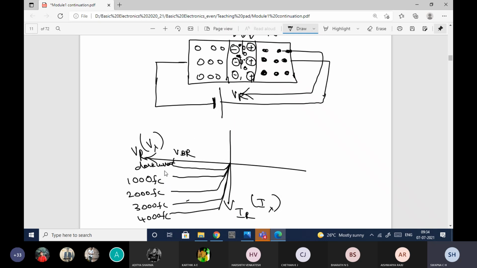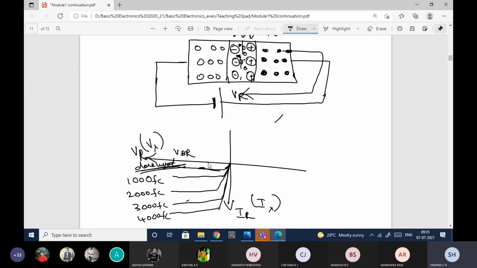Generally, whenever we are designing this photodiode, we should see that the dark current, in the sense when there is no light falling on the photodiode, there should not be any current flow. Ideally this dark current value should be equal to 0. If this dark current is there, then based on the incident light, as more electron hole pairs are generated and the current is increasing, this current will get added with the current that I'm getting due to the impingement of light.